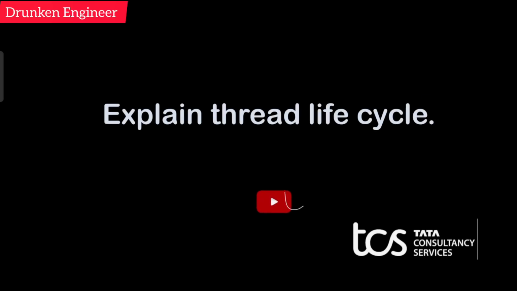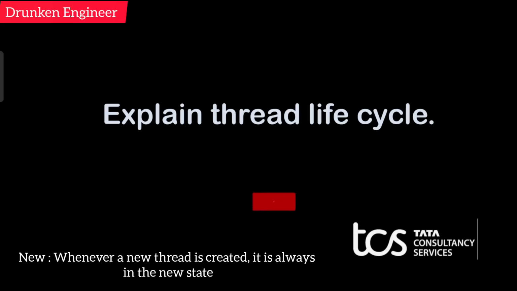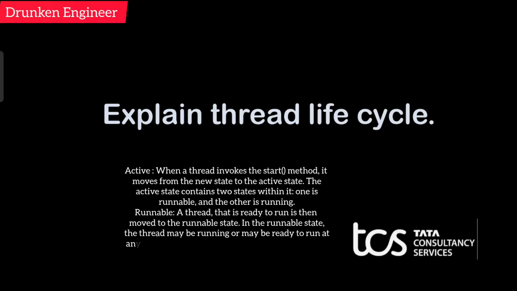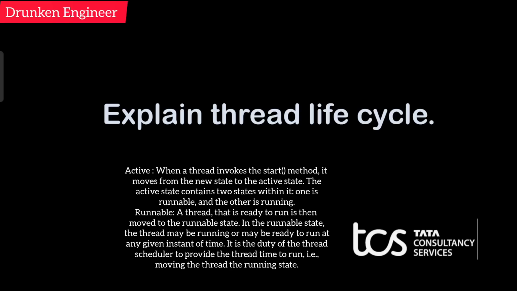And next question, explain the thread life cycle. Coming to thread life cycle, there are five main stages: new, active, blocked, timed waiting, and terminated. New: whenever a thread is created, it is always in the new state. Active: when a thread invokes the start method, it moves from the new state to the active state.